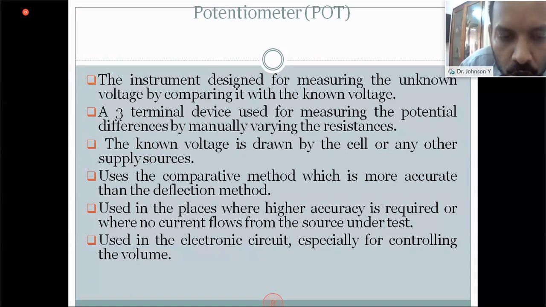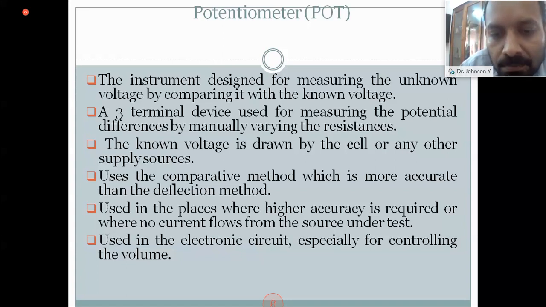And this potentiometer is a 3-terminal device which is used for measuring the potential difference by manually varying the resistances. In a potentiometer, we can see 3 terminals: 2 terminals are connected at both ends and 1 terminal is connected in between. That is a variable one.